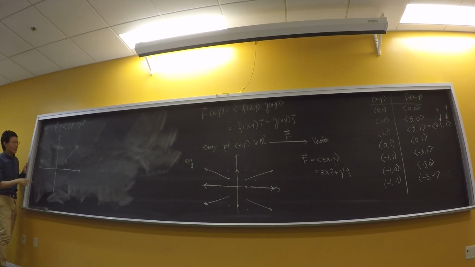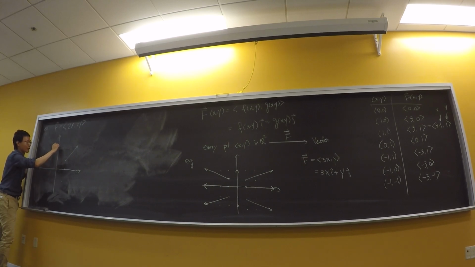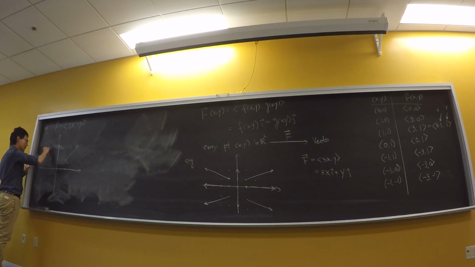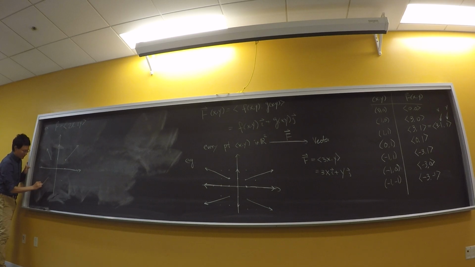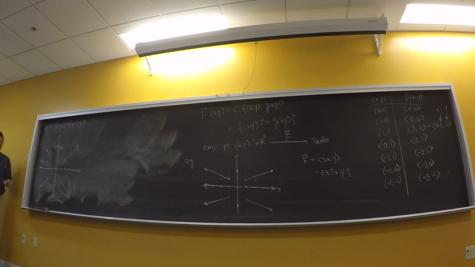And at this point, it's going to be 0, 1. According to this formula, it's going to be 0, 2. So it's pointing upwards. And this one is going down, this is going in the other direction. Okay? So this is going to be the picture for this vector field.